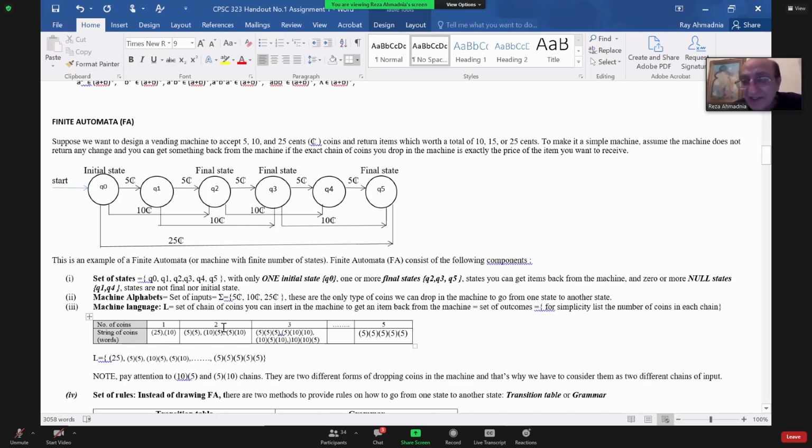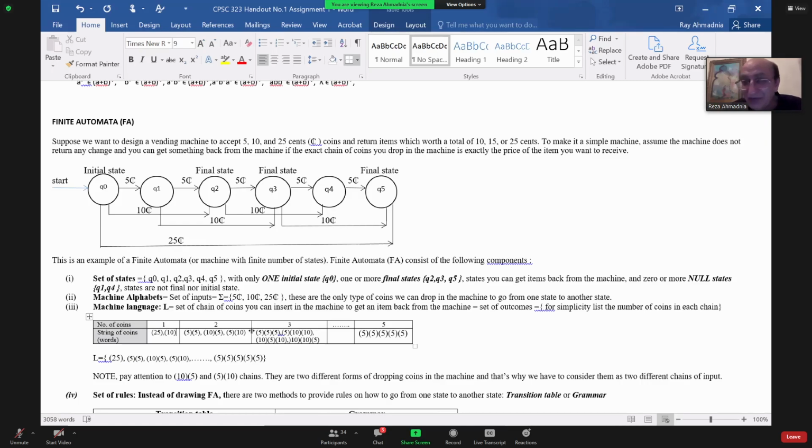And then the set of 2 coins. Then 5 and 5, 10 and 5, and 5 and 10 here. Is 10 and 10 a word in the language of this machine? No, I don't get to a final state here. Now look at this one here. The sequences 10 and 5 and 5 and 10 have the same value, but they are 2 different sequences of coins.